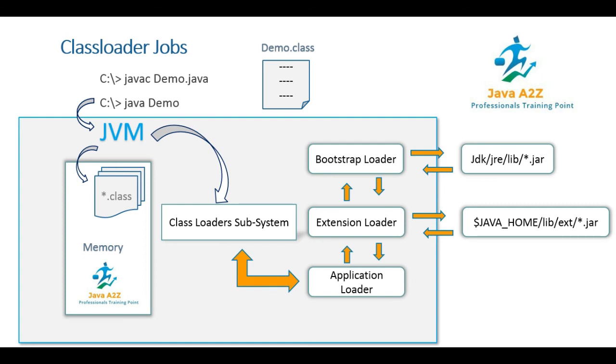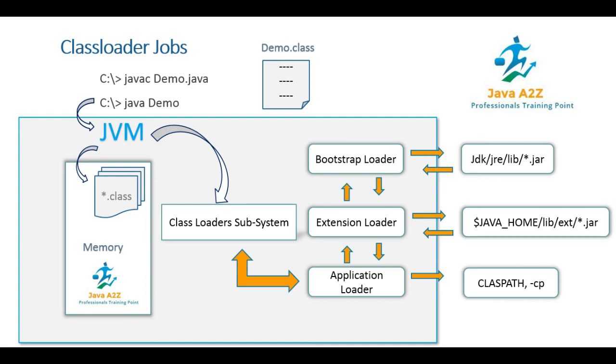This is a user defined class, so it will exist in the current directory where your source code is. Otherwise, it will take help from the environment variable which you have set with the help of classpath. With the help of classpath, it will load the demo.class file into the memory area.